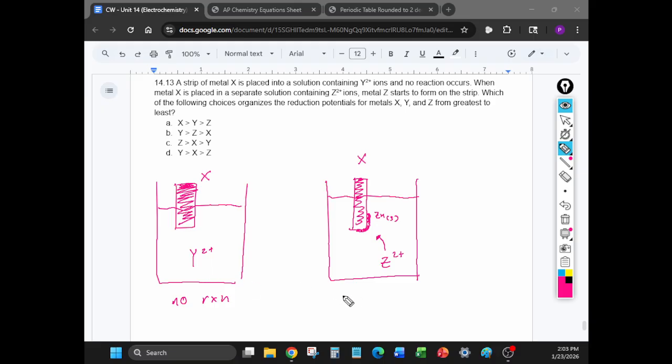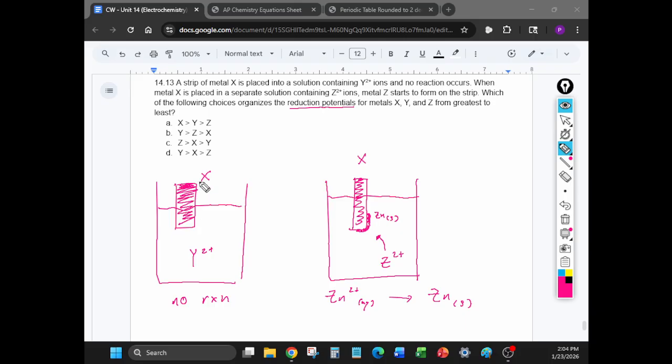There's no reaction for the first one, but there is a reaction where Z2 plus turns into solid Z. The question is asking us to organize the reduction potentials of X, Y, and Z from greatest to least. For this one, it's pretty simple. We basically just need to figure out what the reduction potentials are relative to one another.